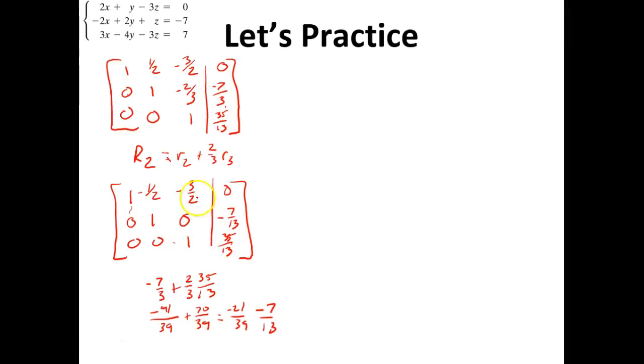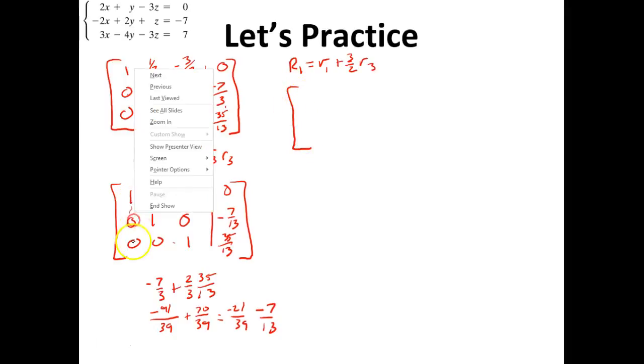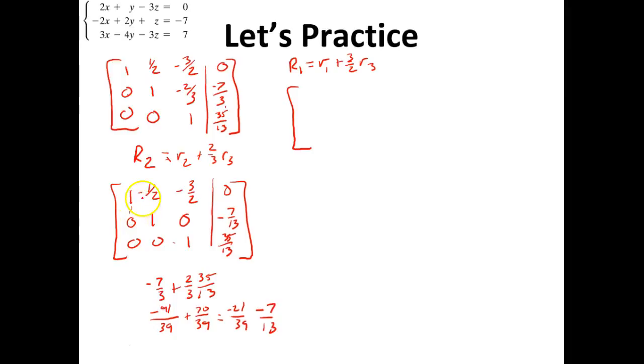So then keep going. I want a 0 above this, so I'm going to take row 1 and replace it with row 1 plus 3 halves row 3. Row 1 is changing this time. We're doing this plus 3 halves of this is still going to be 1. This plus 3 halves of this still going to be negative 1/2.